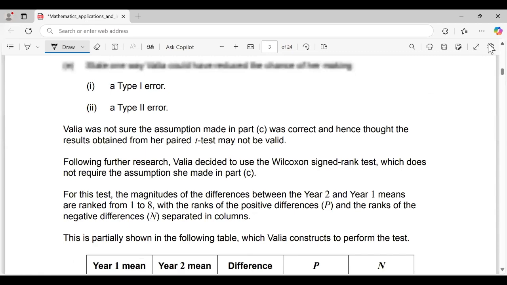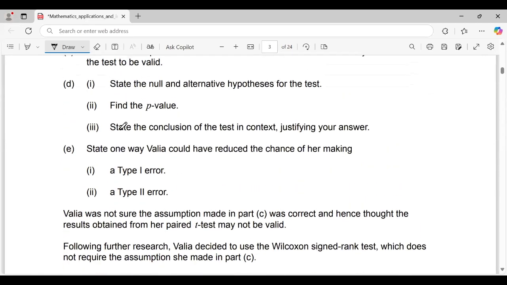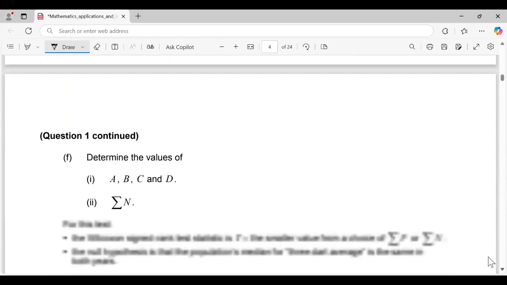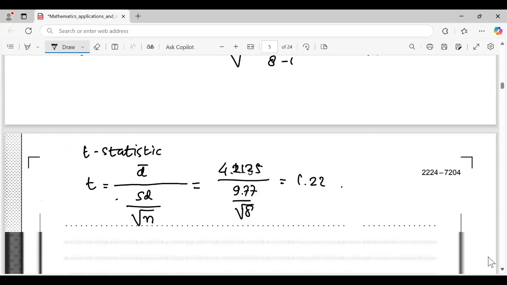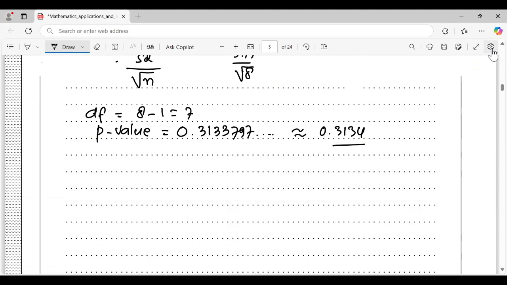And next, please state the conclusions of the test in context justifying your answer. Part 3.